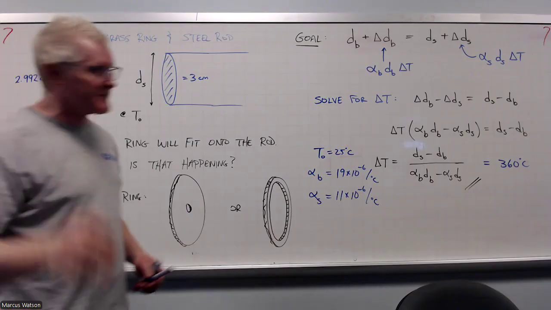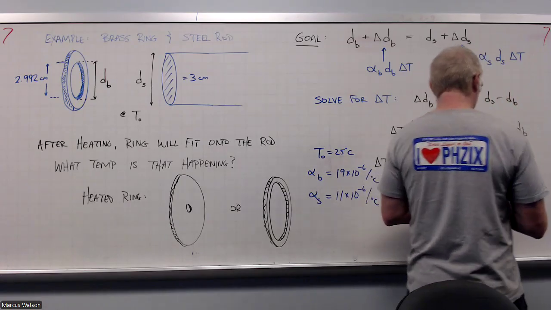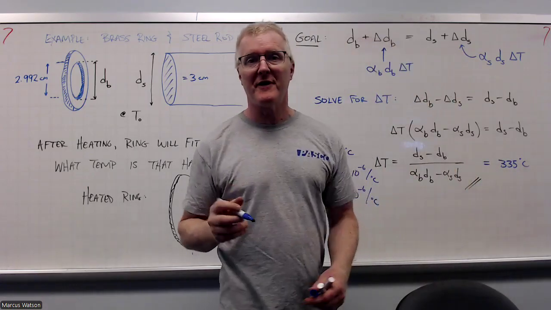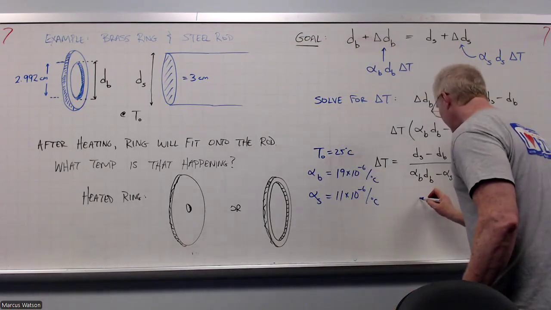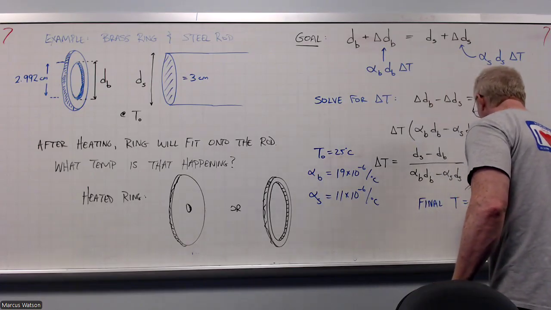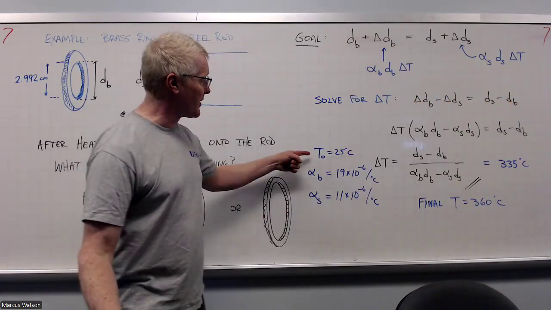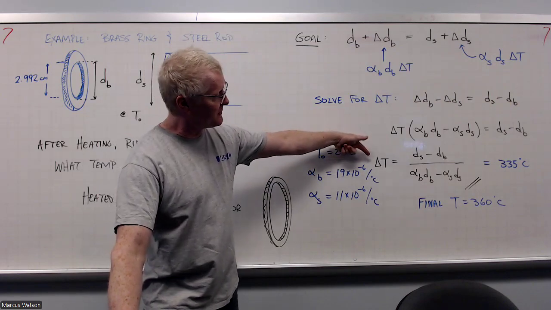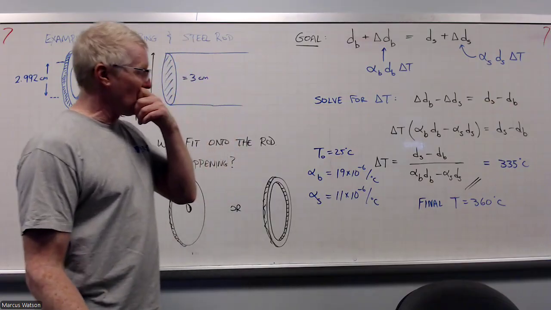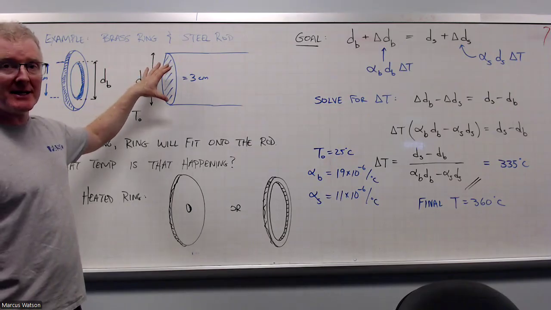Well, that's the actual temperature, sorry. So the temperature change is 335. Right, so I'm aiming then for a final temperature of 360. Okay, starting at 25 centigrade, I know the change as I solve for it here is 335, so my final is 360. All right, and that's the temperature at which these two things should fit snugly.